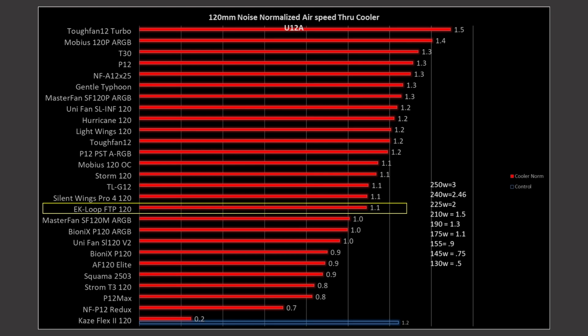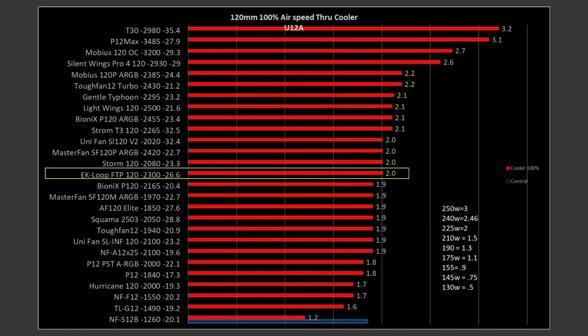They aren't truly functionally equivalent. There's a small mathematical difference, even though it's very, very minute. So the EK Loop is in a certainly very strong position overall. It's just not in the best position, like the Toughfan 12 Turbo, the Mobius 120P, the T30 even is up there, the A12X25. They're all way up there in the top performer category. Now, at 100% PWM fan signaling, again, same sort of thing with the key on the side.